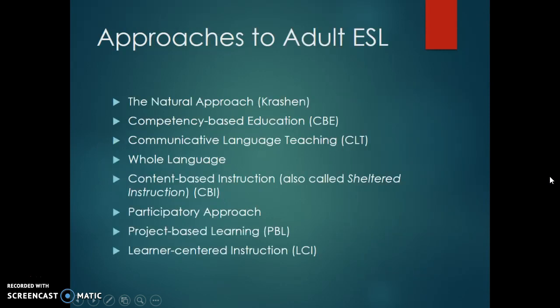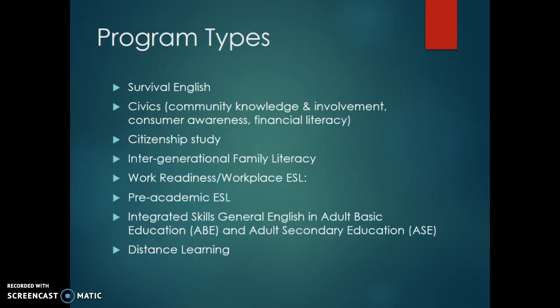So these are some of the approaches you're going to read about in Parrish: the natural approach, competency-based education, communicative language teaching, whole language, content-based instruction, participatory approach, project-based learning, and learner-centered instruction. Different program types you'll be looking at: survival English, civics content, citizenship, intergenerational family literacy, where moms and their young toddlers are learning English together.